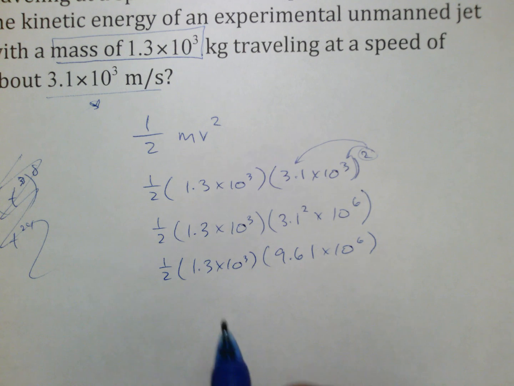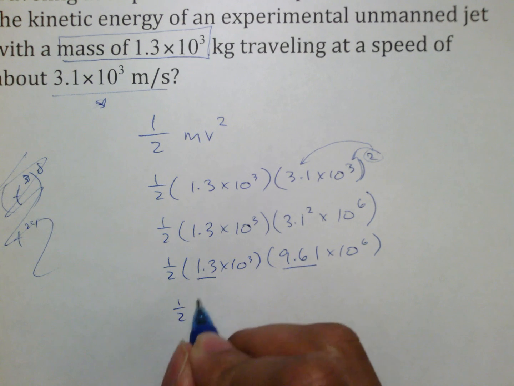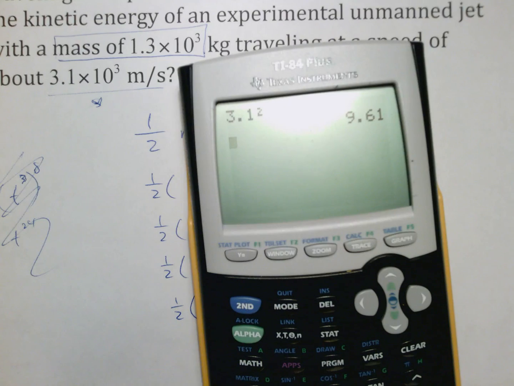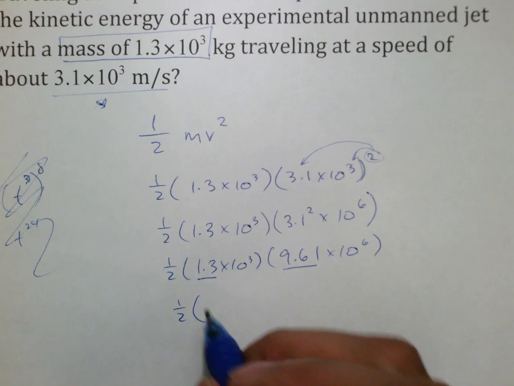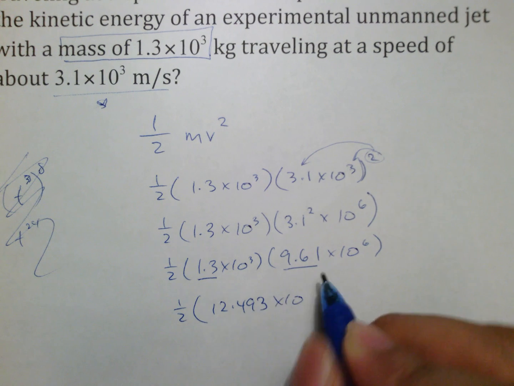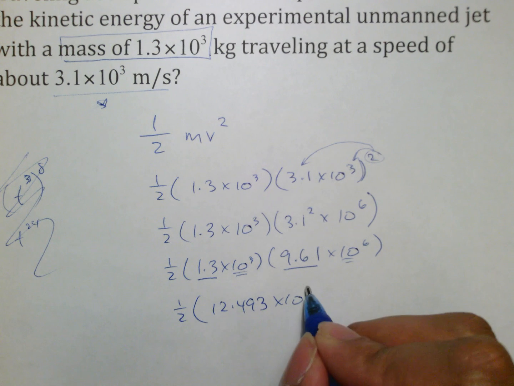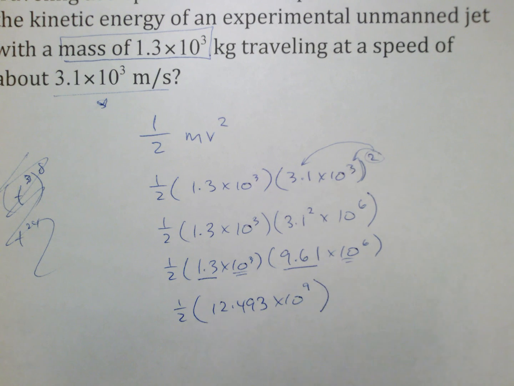And if you remember doing scientific notation yesterday, you simply take number times number. So 1.3 times 9.61, which is 12.493, times 10 to the, well, again, if you remember, this is 10 to the third, this is 10 to the 6th. Add those up, getting 10 to the 9th.